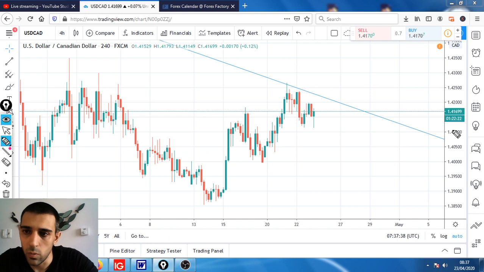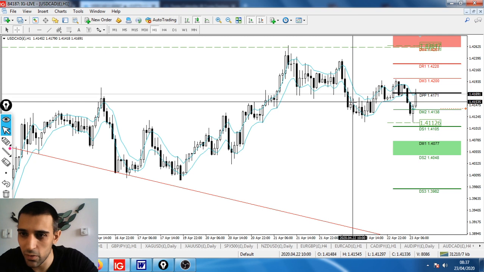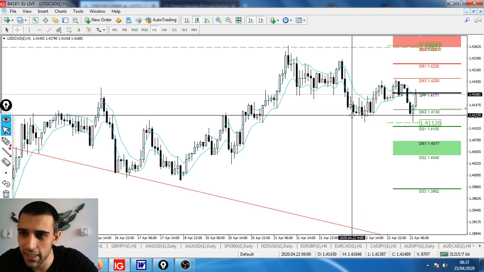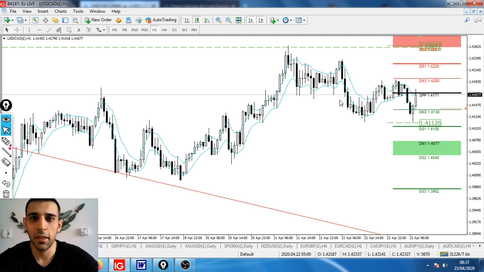However, it's 141.68. I was looking for the entry at, which one was it? It's just left me out, so that's sad. I was waiting for the price to retrace to 141.40, but it left me out by another 30 pips.